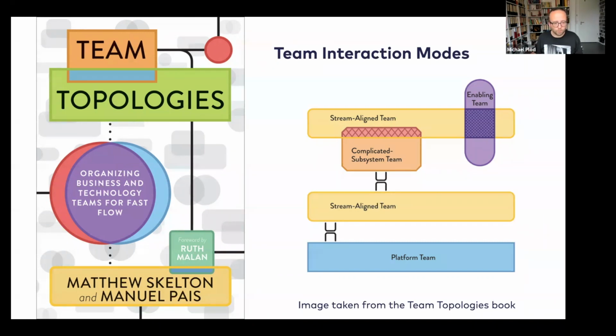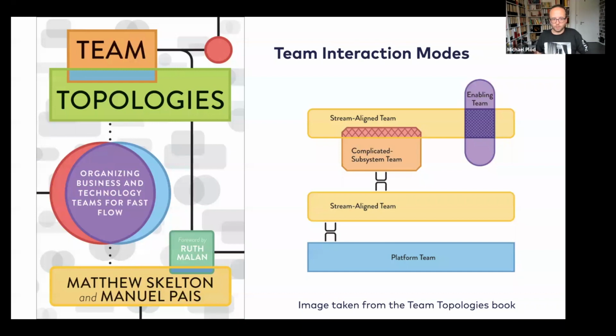Here you have a strong collaboration between the teams, and this team is being supported by the enabling team, for instance. Very interesting read. Unfortunately, I don't have the time to dig deeper into this book, but a very big recommendation from my side. Very good literature.